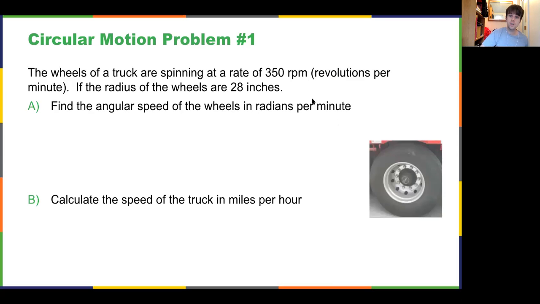The wheels of a truck are spinning at a rate of 350 revolutions per minute. So we have our wheel here. A wheel is a circle.